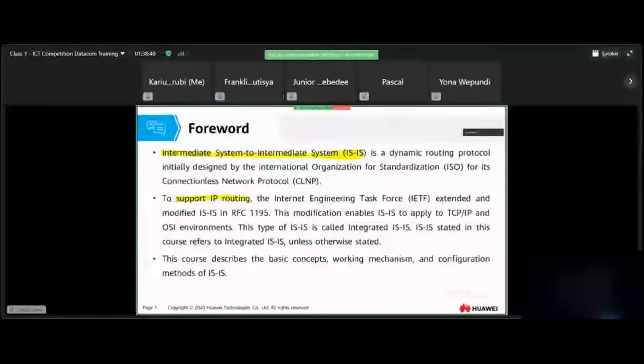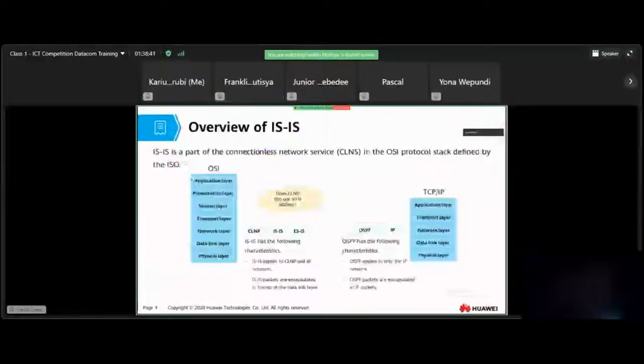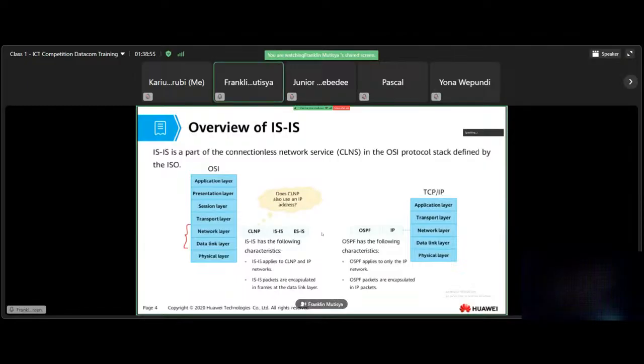Let's have an overview. We have said it works at both these two layers. It comes with concepts which help provide flexibility. We normally call it connectionless networking.